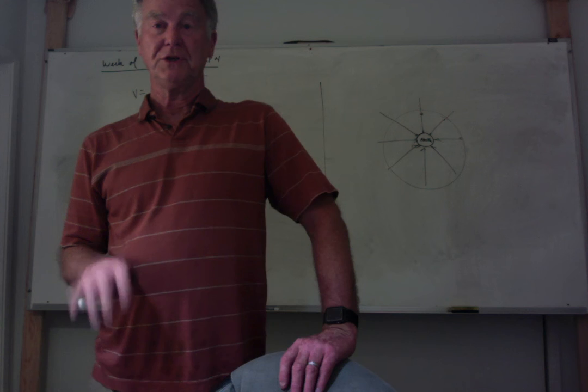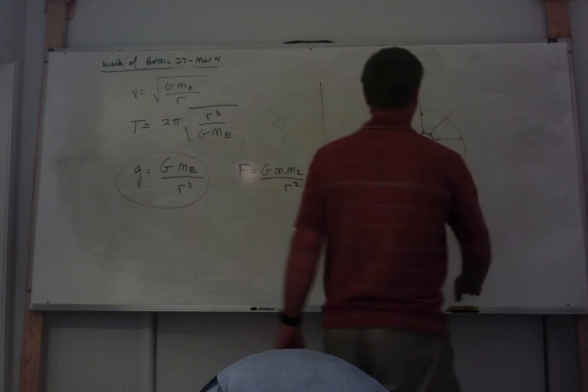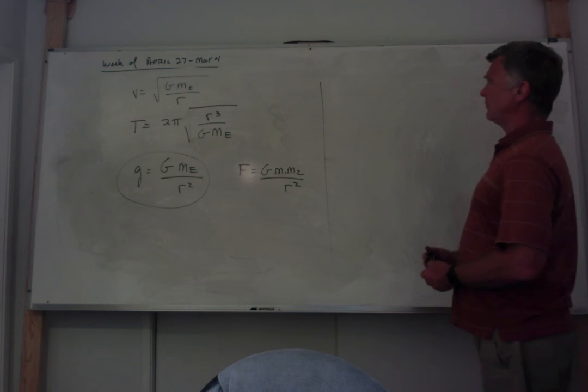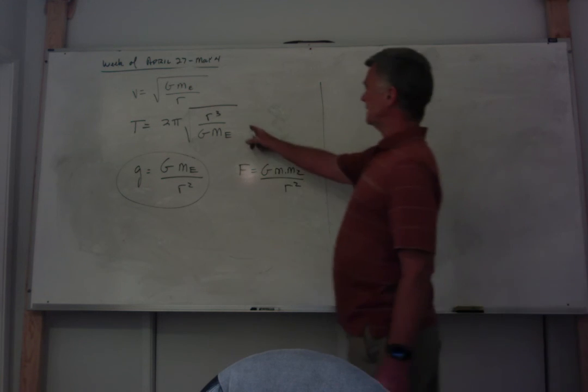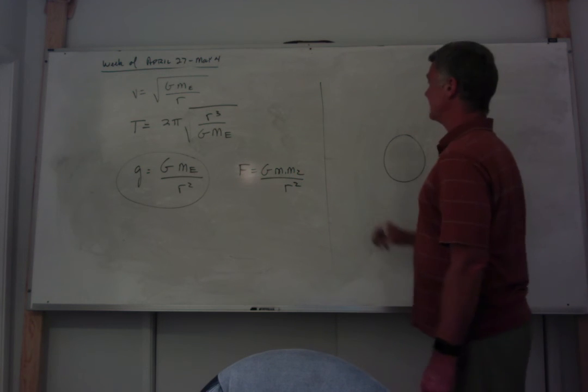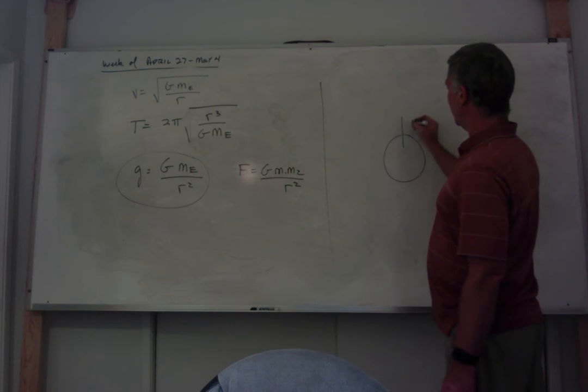One little note when you do problems. They may give you a problem where we have the period, and they tell you we've got a satellite and it is orbiting at a certain height.